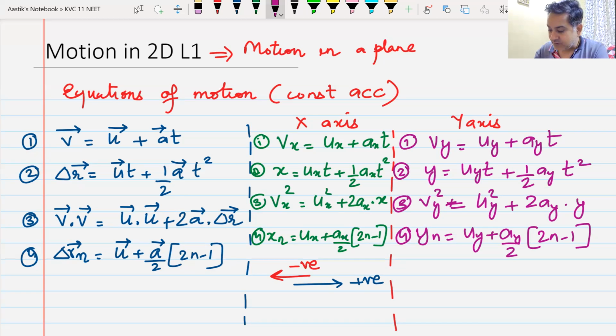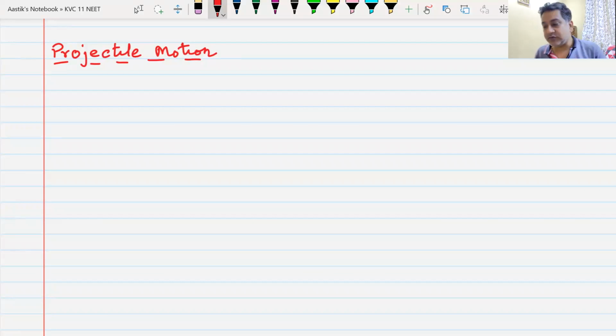Projectile motion. Yeah, see, I always tell you that NEET students are way ahead of the JEE ones. Projectile motion is the first type of motion that comes to our mind when we think about motion in 2D. Now my question is, have we done this projectile motion before?